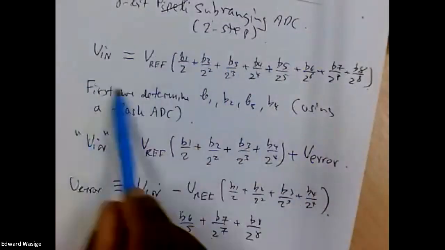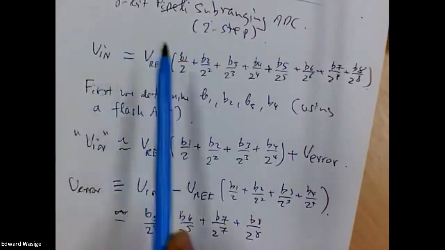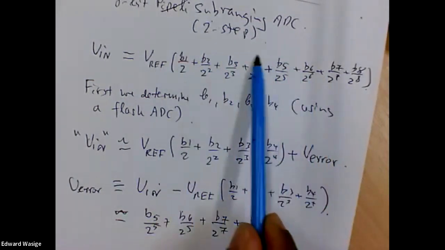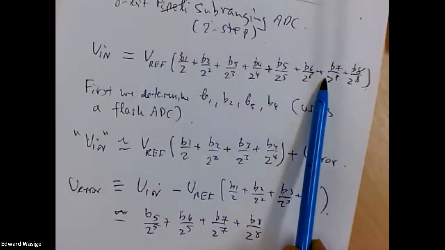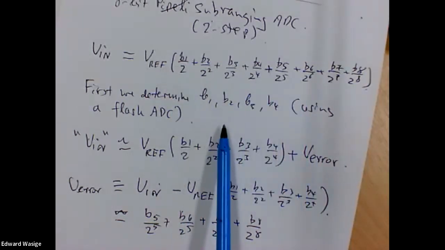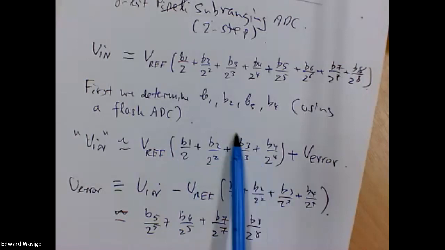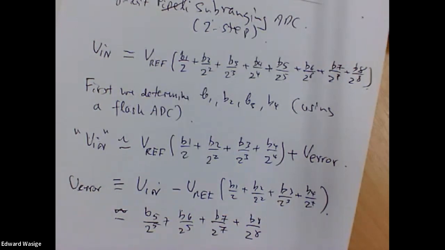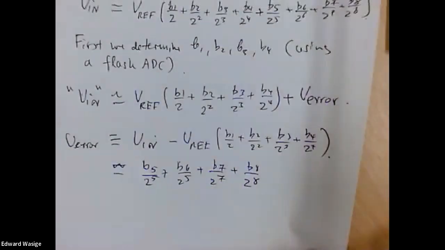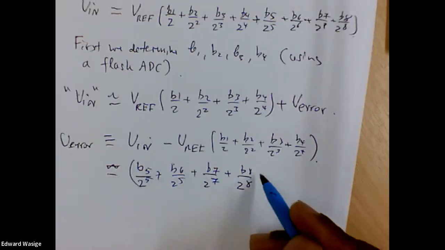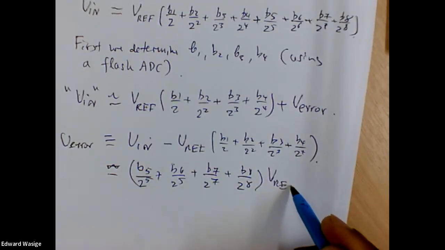Instead of getting the 8 bits at the first go, we first get just the first 4 bits, so the error voltage will be equivalent to the final 4 bits. Of course, this would be times Vref.